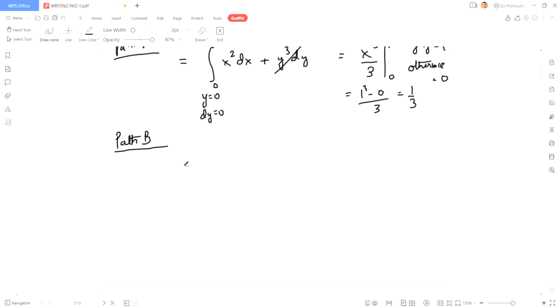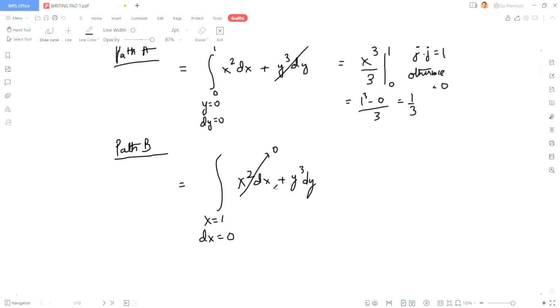Similarly, path B is this. For path B, we can again set the same integral, x square dx plus y cube dy, and in this case x is constant, that is x equals 1 or dx equals 0. So this whole term goes to 0, and the integral changes according to y, and y shifts from 0 to 1.